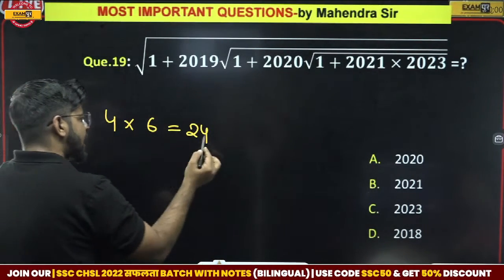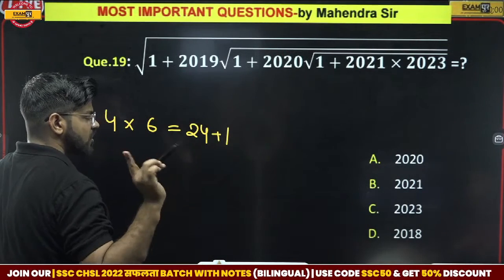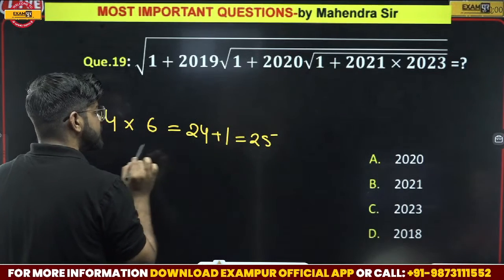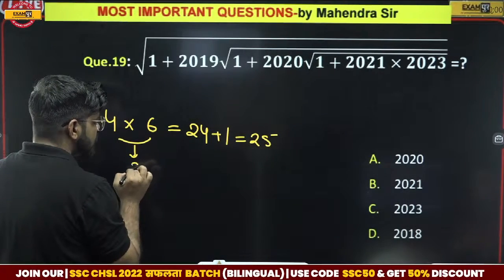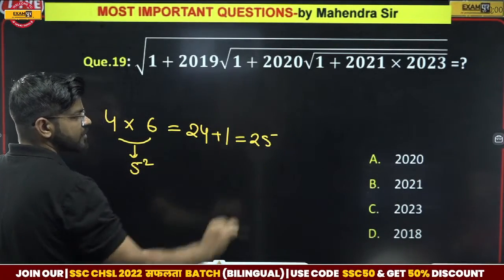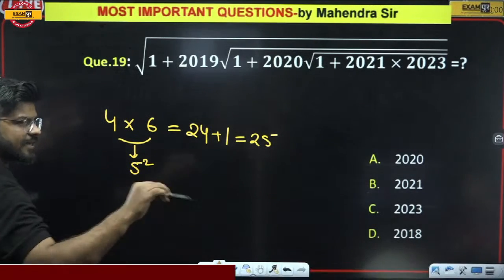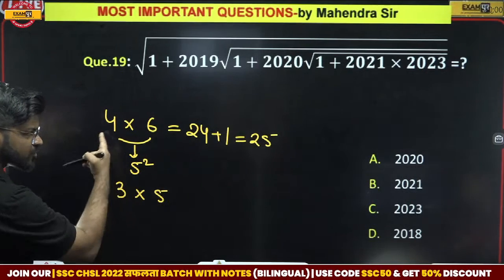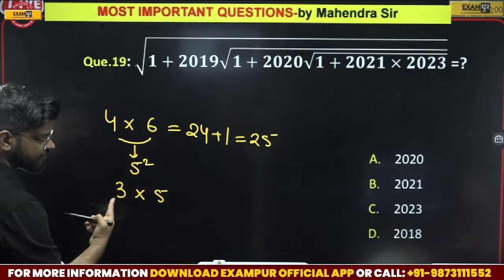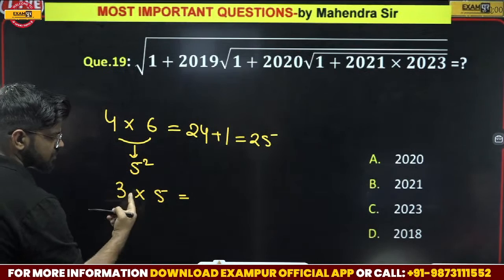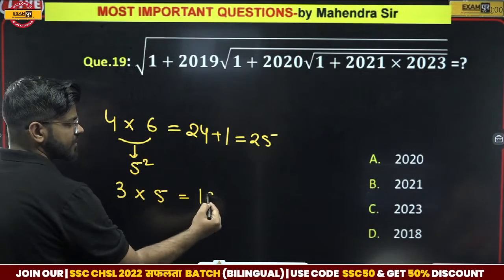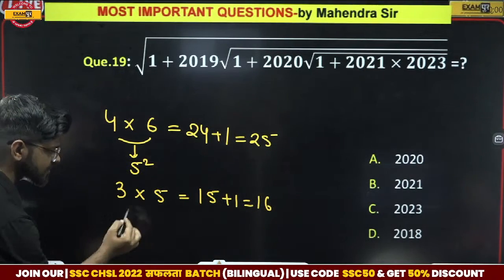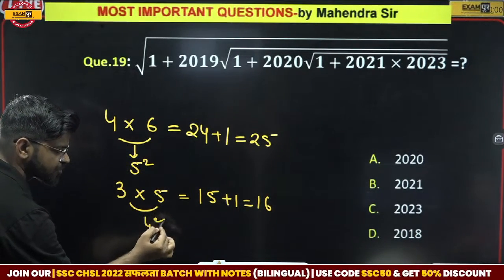And if I add just one, you will get 25, and 25 is nothing but 5 square. Yes or no? Let's take one more: 3 into 5. There should be a difference of 2 only. So 3 multiplied by 5 is 15. Add 1, and you will get 16. 16 is nothing but 4 square.